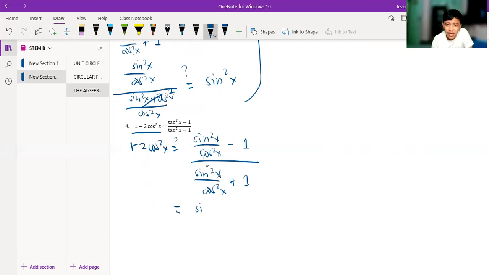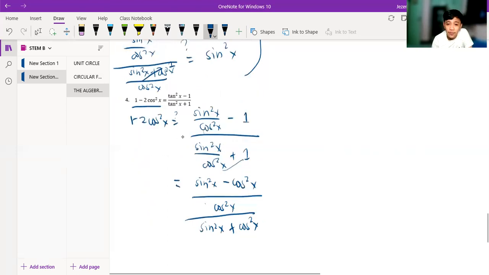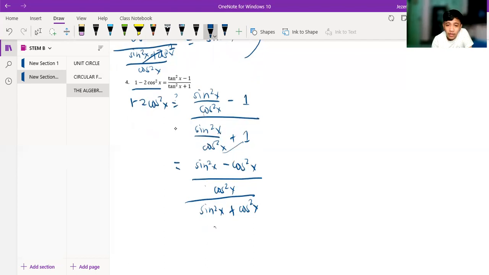So, sine squared x minus cosine squared x over cosine squared x over, so sine squared x plus, butterfly method din yan, cosine squared x over cosine squared x. Okay, so that equals 1 minus 2 cosine squared x.